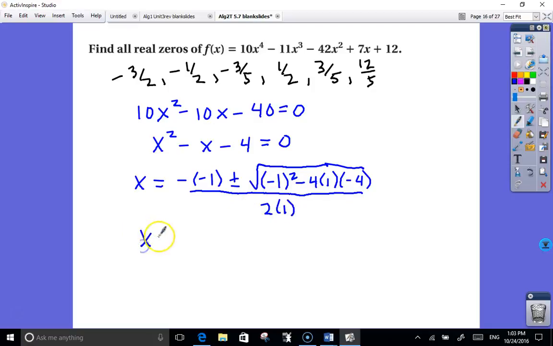So x equals 1 plus or minus the square root. Okay, this is going to be 1. Minus 4 times 1 times negative 4 is like saying plus 16. So that's the square root of 17, all over 2. So the last two zeros are actually irrational.